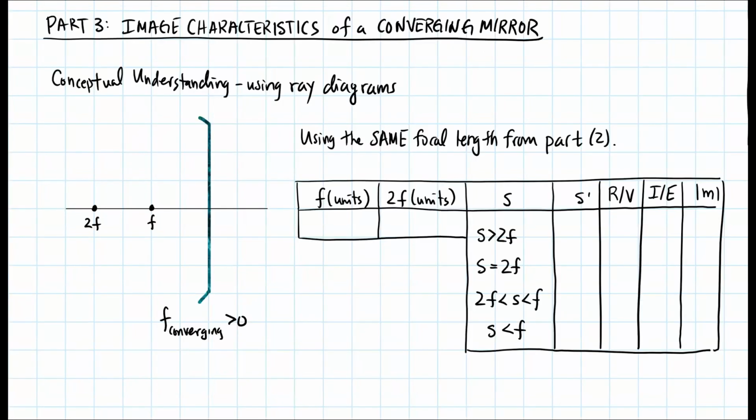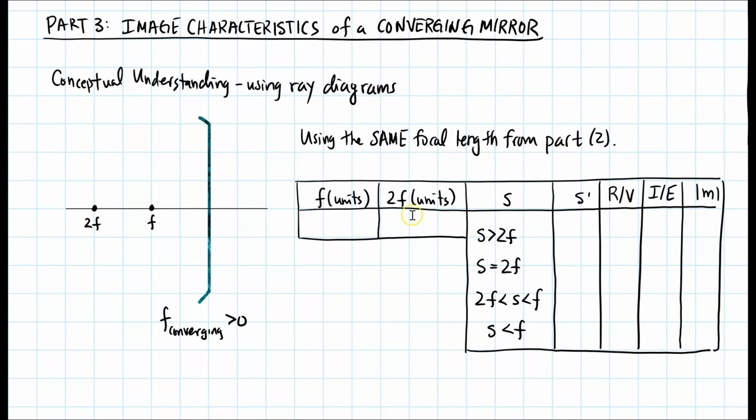Conceptual understanding using ray diagrams. So what I have here is I set up my converging mirror where I identified F and 2F. Whatever focal length you used in part 2, that's what I want you to set up as F and 2F here.